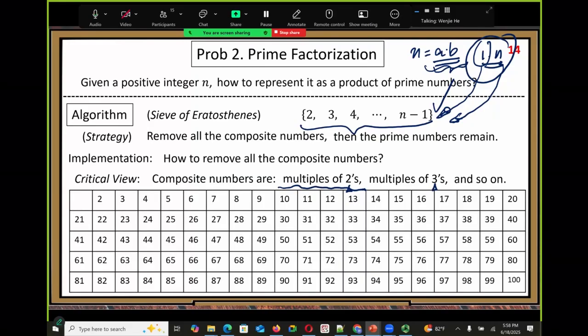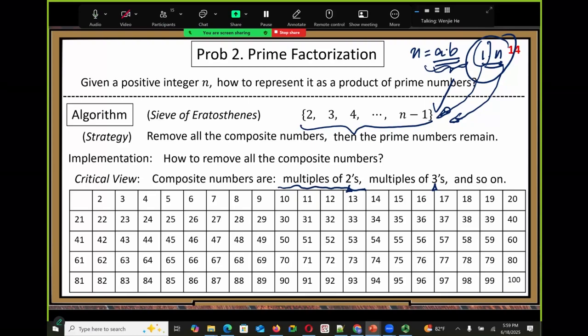Now, let me use this example. Let me consider the integers in the range from 2 through 100, the largest being 100. Now we apply this sieve idea.